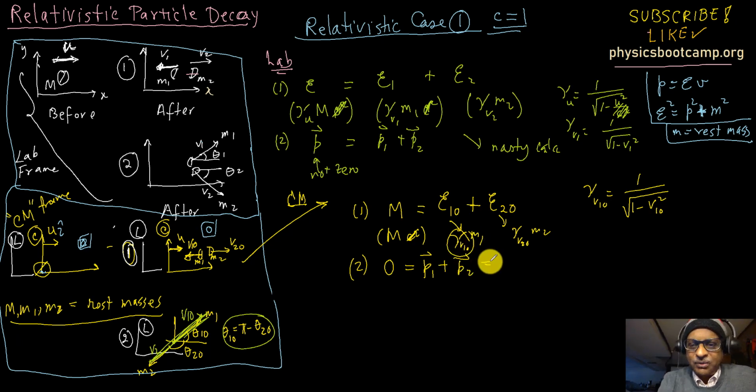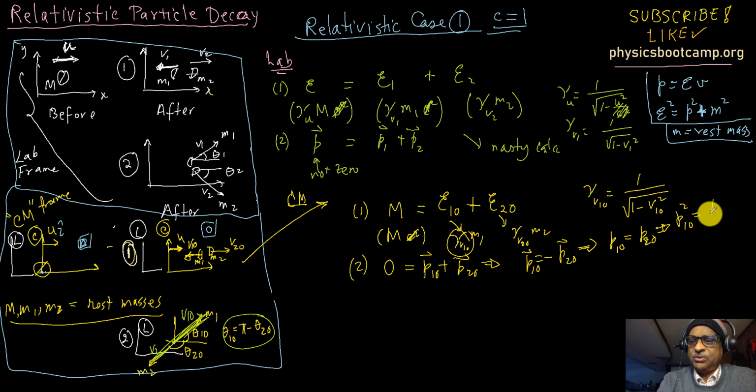And right here, already I get P1 equals minus P2. And by design, what is the magnitude of P1, let's call it P0. So in this frame, I can then really use these to square it.